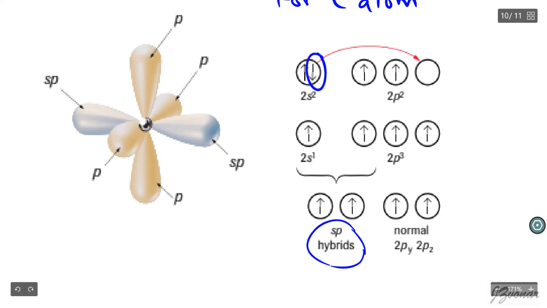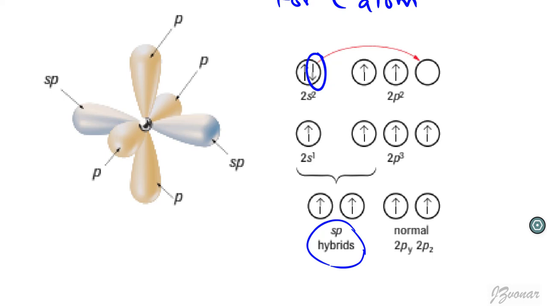And if you recall from yesterday, sp hybrids are linear, and it leaves us with 2 normal unhybridized p orbitals, one along the y plane and one along the z. Each of these normal p orbitals contains 1 electron, able to form an additional pi bond.